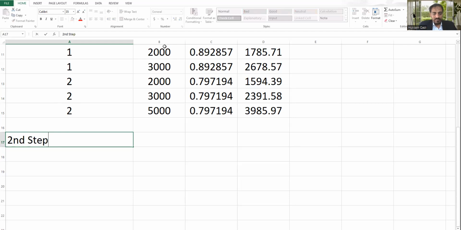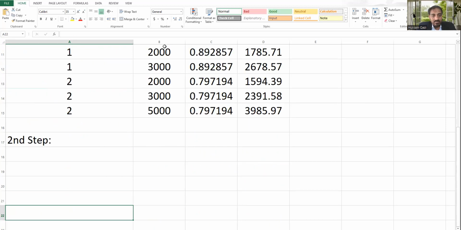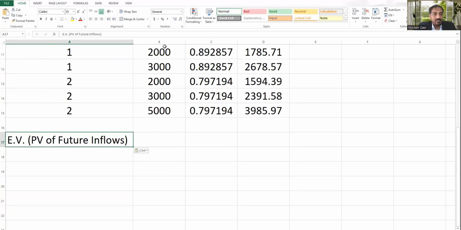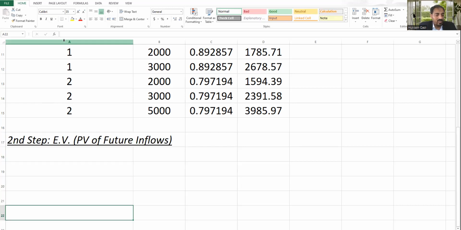Now listen carefully. In the second step, what we need to do is calculate the expected value of the present value of future inflows. Sir, how to calculate this?